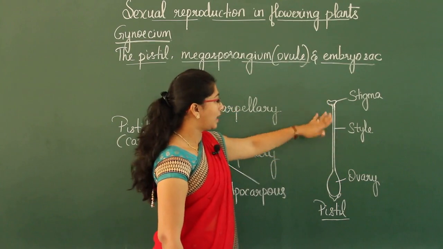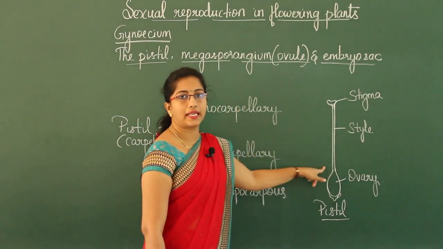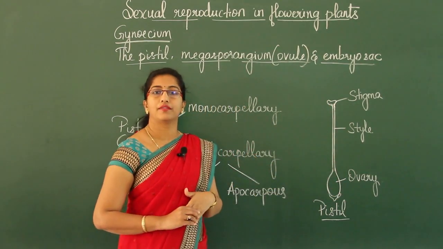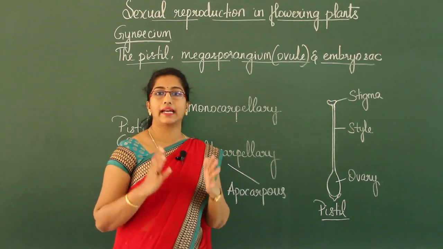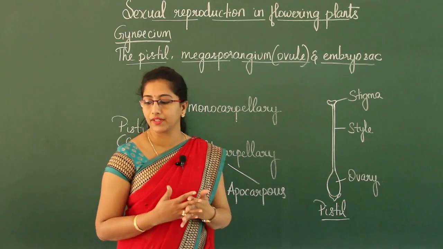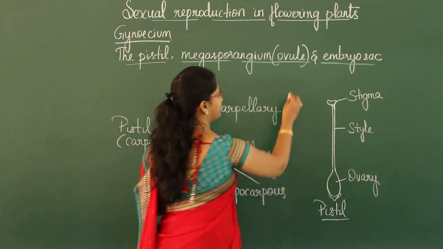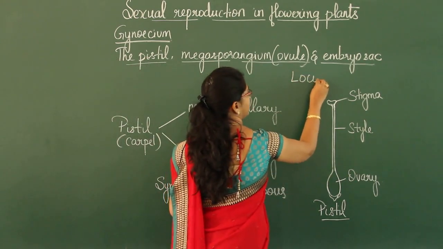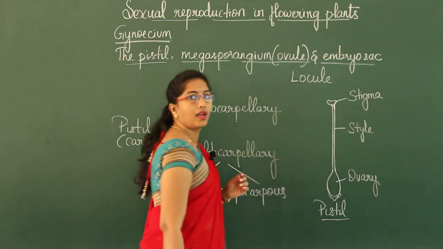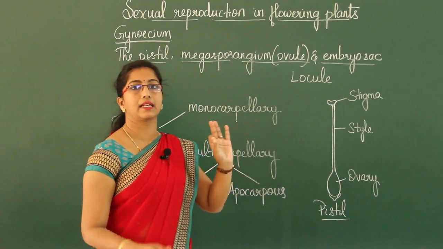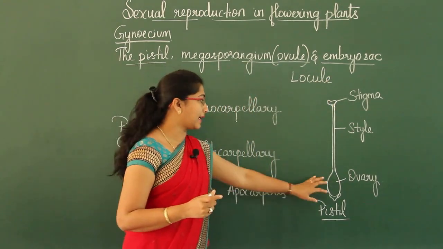Now inside this ovary we find a cavity which we call locule. Locule is the cavity, the space, which you find inside the ovary.